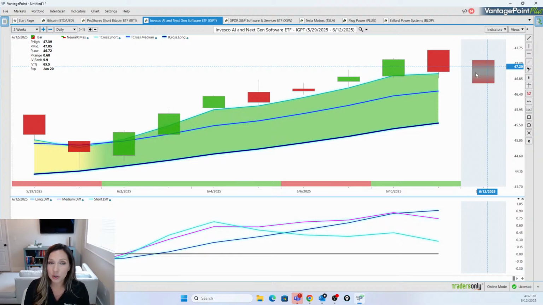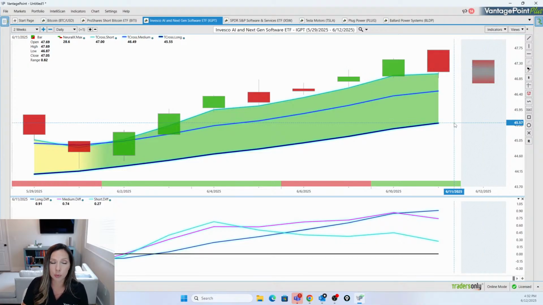If you're ready, you're not scared, right? You're prepared for the scenarios that could possibly pop up because they're no longer coming from around a blind corner and blindsiding you. Now you can see them a day ahead of time using the software, using the predictive analysis in VantagePoint. And again, for those users or for those attendees who might not have VantagePoint yet, the software updates every night at 6:30.